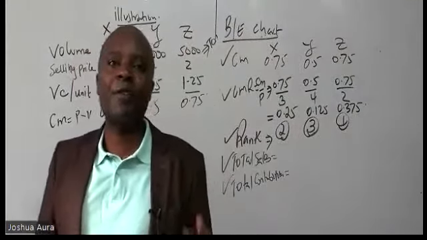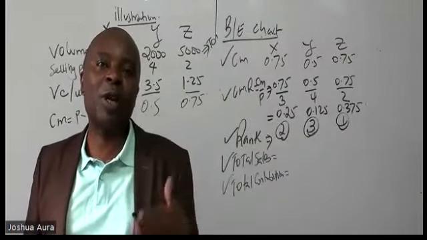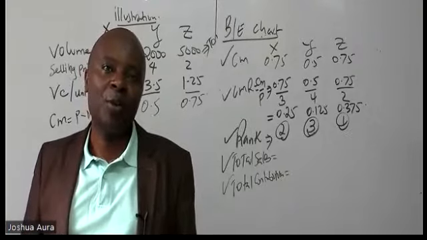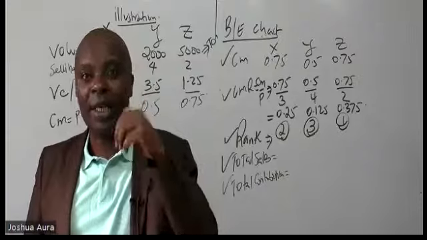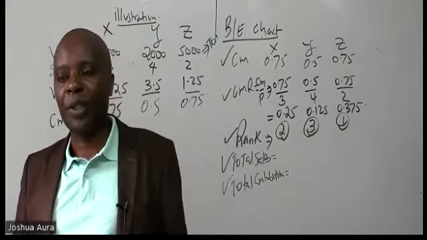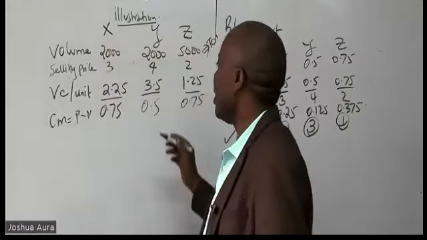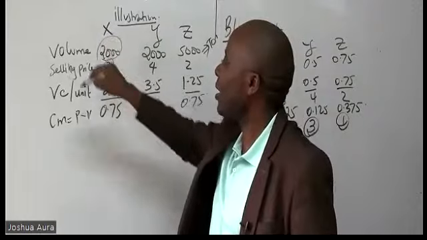So total sales revenue, how do we get sales revenue? We are quite aware. To get sales revenue, we normally take price times quantity. The selling price is here, the quantity is here.